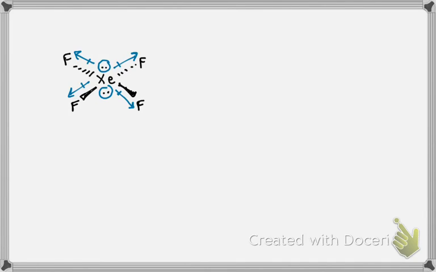So if we look at this shape, because of its symmetry, the dipole moments on those fluorine atoms are essentially going to cancel each other out. So in this case, our net dipole moment is going to be 0. So this xenon tetrafluoride would be a nonpolar molecule.